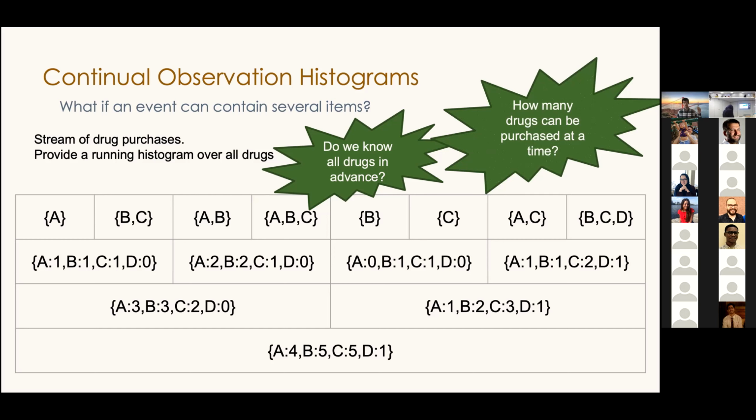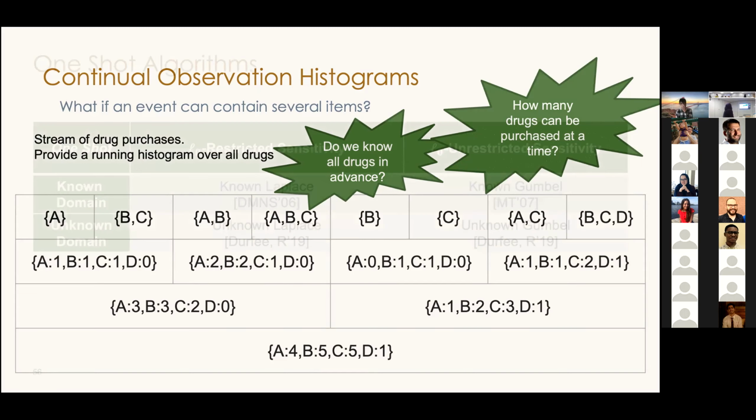But one event can contain lots of different items. Maybe we're talking about skills, like what are the top skills? One user can have lots of different skills.